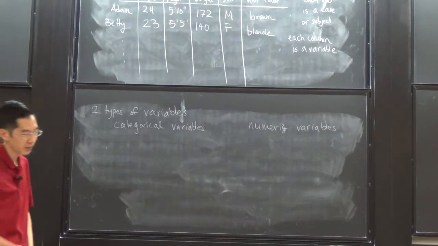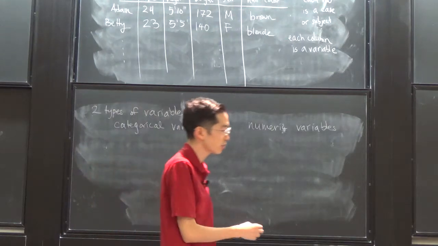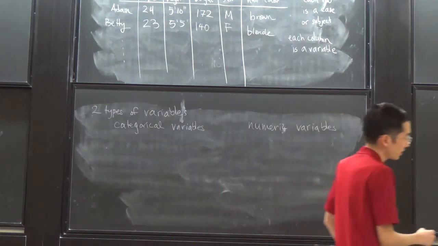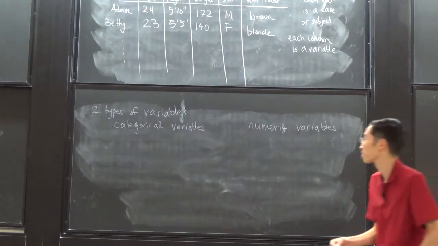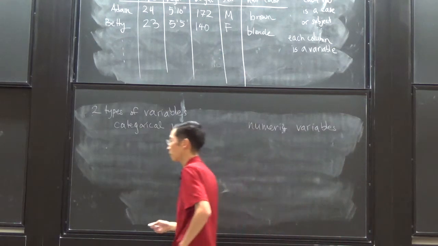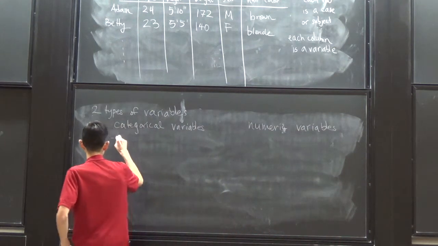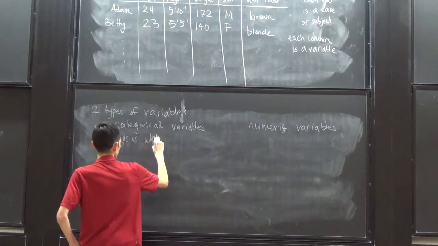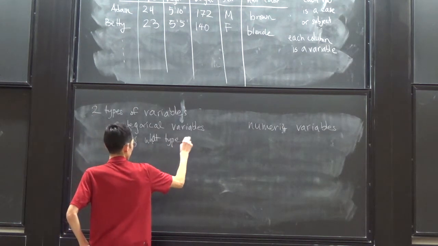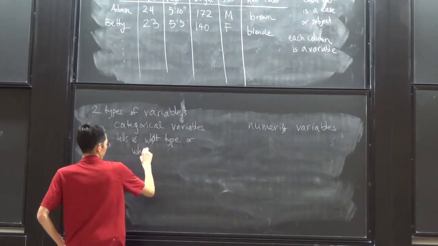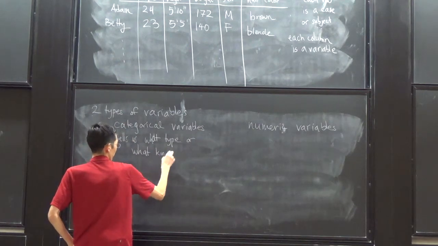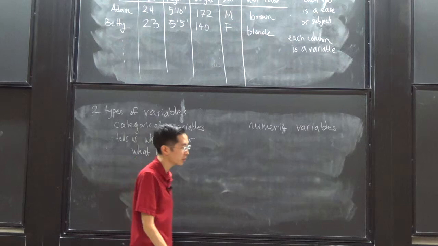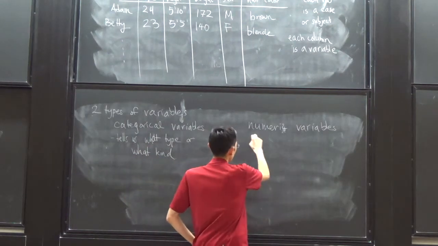Categorical variables tell us to which category a subject belongs. Okay, so it tells us what type or what kind. Whereas numeric variables, they tell us how much or how many.